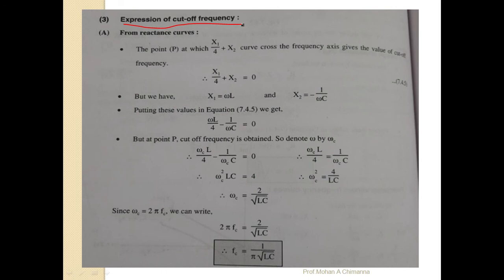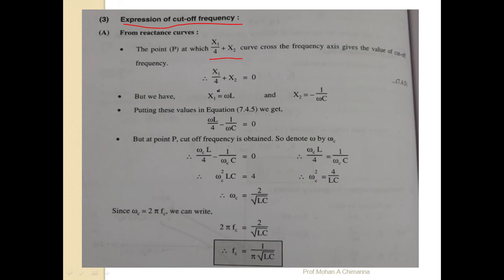Then from the reactance curve in the previous slide, at a point P it is given x1 by 4 plus x2, and the point where this curve crosses the frequency axis gives the value of the cutoff frequency.